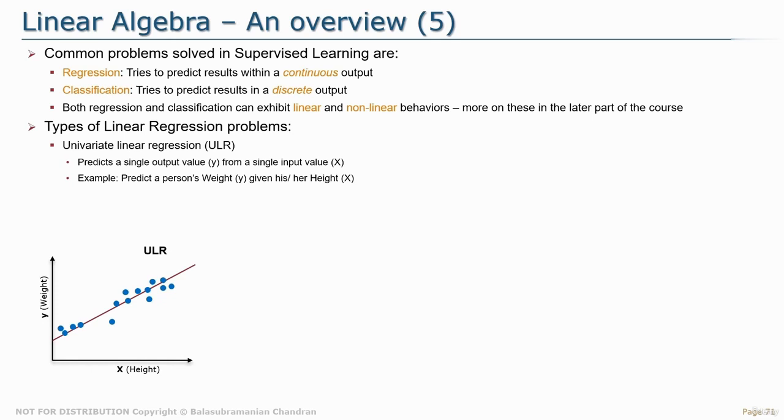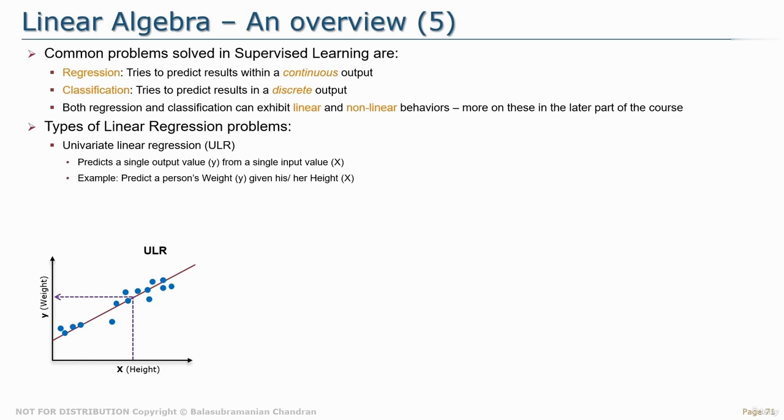We plot a line graph with the heights and weights on the x-axis and y-axis respectively. From this line graph, we can find out the weight for any given height, like this. In this regression problem, the dependent variable y depends on only one independent variable x. Hence, it is called the univariate linear regression problem.